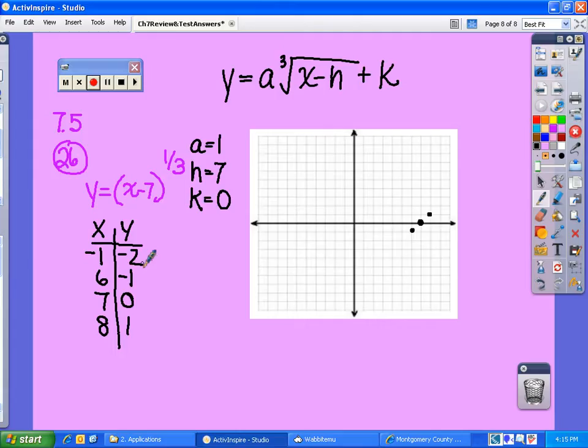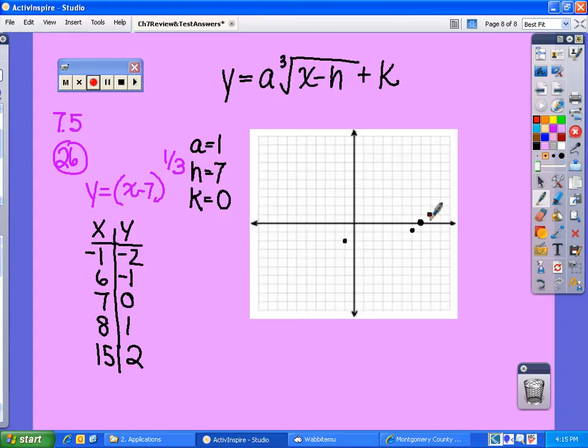I can do the same thing, trying to make what's in the parentheses equal to 8. In order to get 8 in those parentheses, my x would have to be 15, such that 15 minus 7 is 8, and the cube root of that is 2. This gives me 2 additional points. Notice only one of them will fit on the graph, and that's at -1, -2.